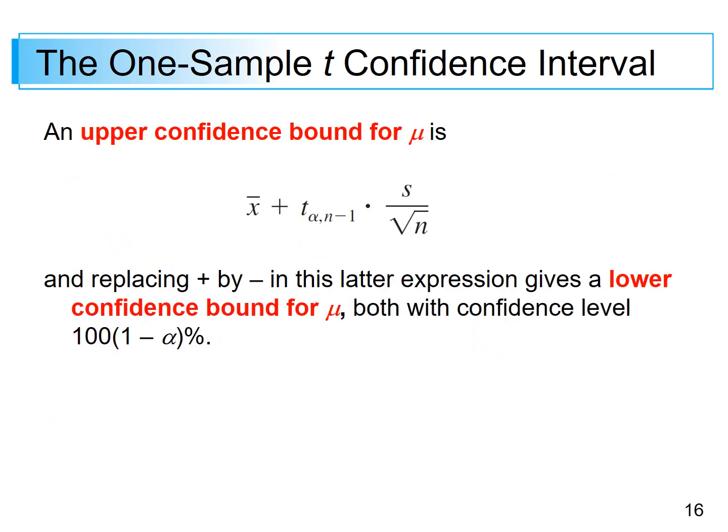And in some cases, we're interested only in the upper or lower confidence bounds. So we did this with the one-sided confidence levels before. We don't divide alpha by 2. We just use t alpha. And we can compute either the upper or lower confidence intervals.